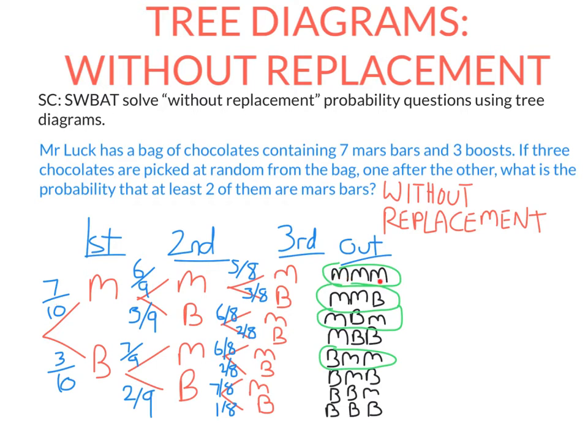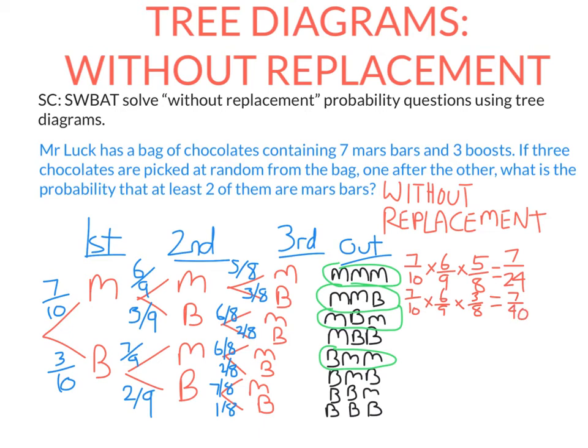So the probability of 3 Mars bars in a row is 7/10 times 6/9 times 5/8. Putting that straight in our calculator, we get 7/24. Let's do the same for this one here. Mars bar, Mars bar, Boost: 7/10 times 6/9 times 3/8. Putting that straight in our calculator, we get 7 over 40.